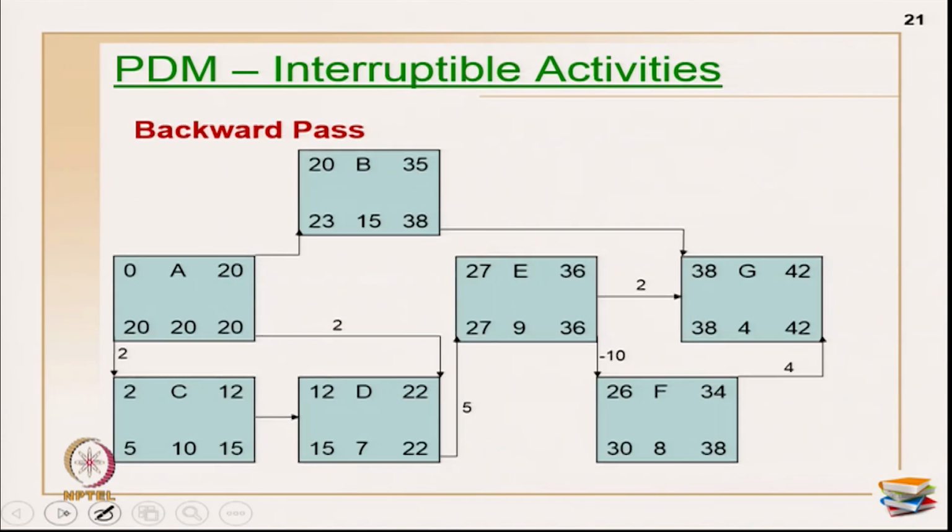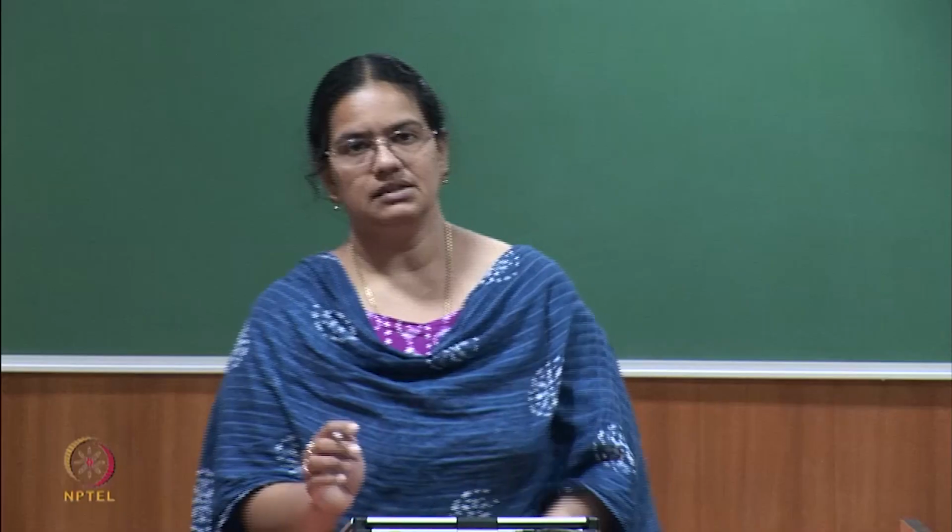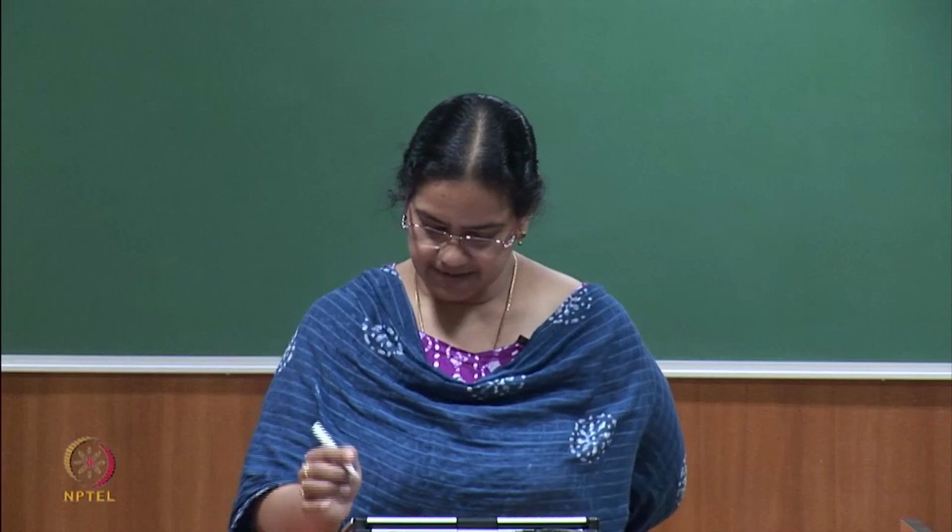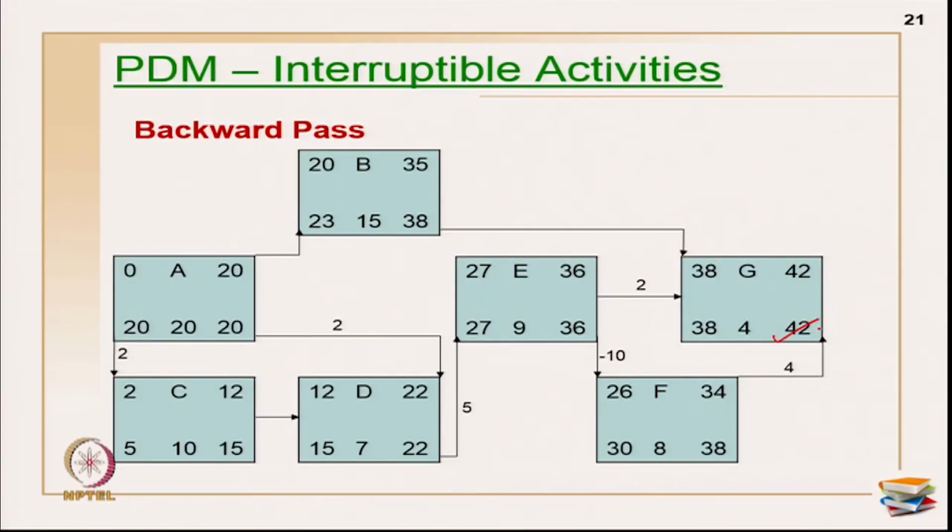Now, let us do the backward pass. In the backward pass, I am primarily calculating the late start and late finish of activities. So this is 42, 42 minus 4 is 38 here, 38 minus 8 is 30 here, 42 minus 4 is 38, 38 minus 2 is 36, and 30 minus minus 10 is 40 now. Which is smaller? 36, so I am going to keep this as 36, 36 minus 9 is 27, and this is 38, 38 minus 15 is 23.